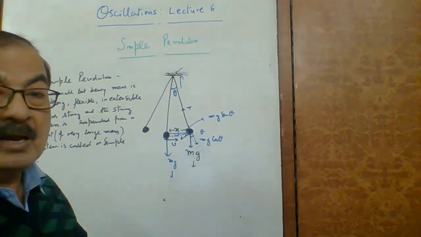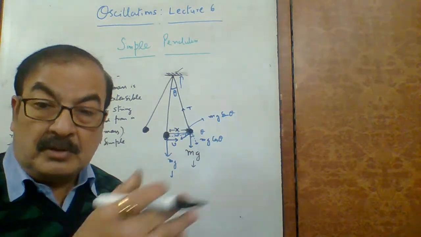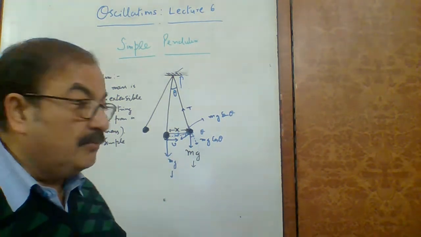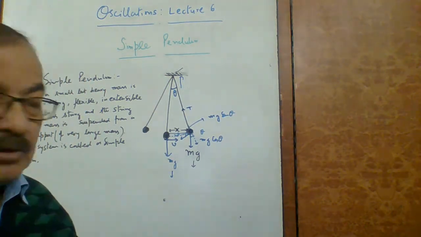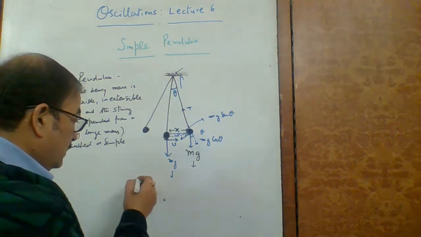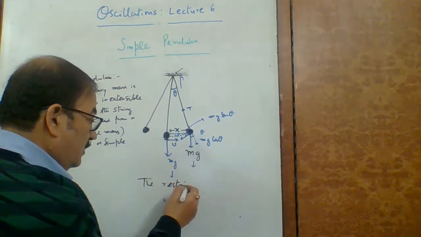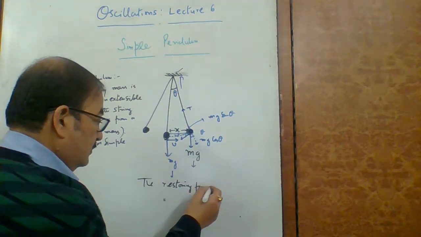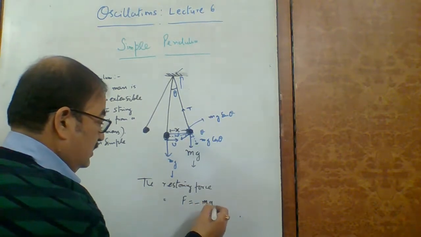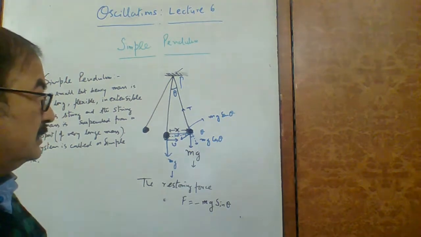Therefore mg sin theta is actually doing the work of restoring force. It is bringing back the bob towards its mean position. Clear? Therefore the restoring force F equals minus mg sin theta.